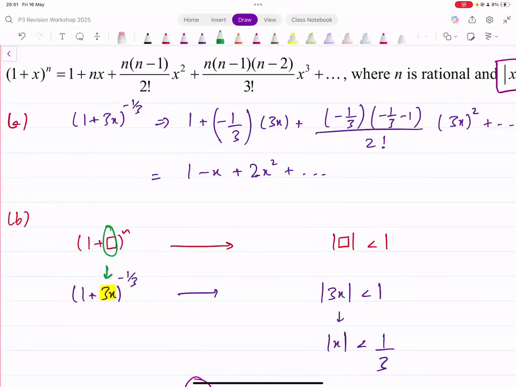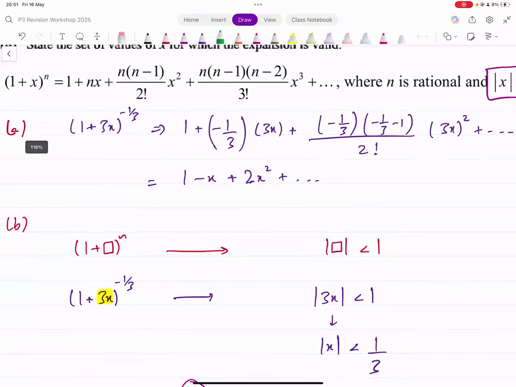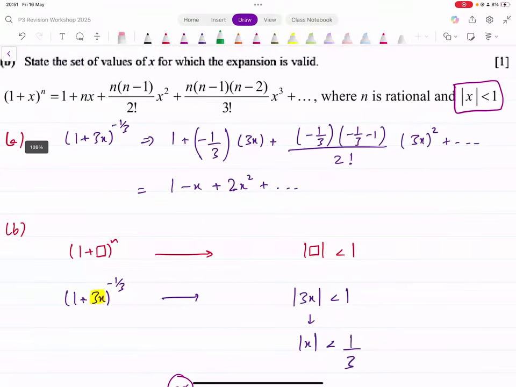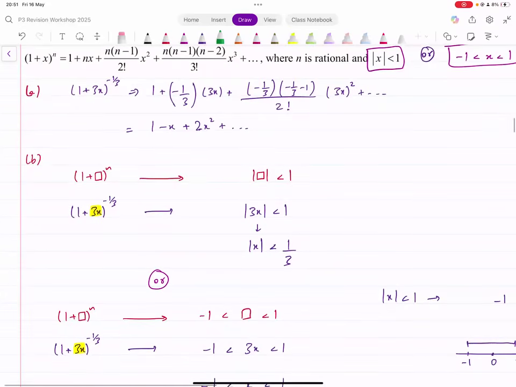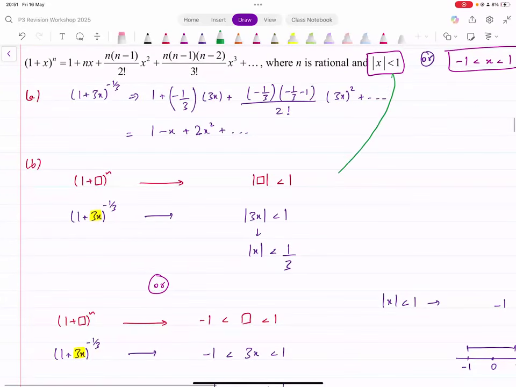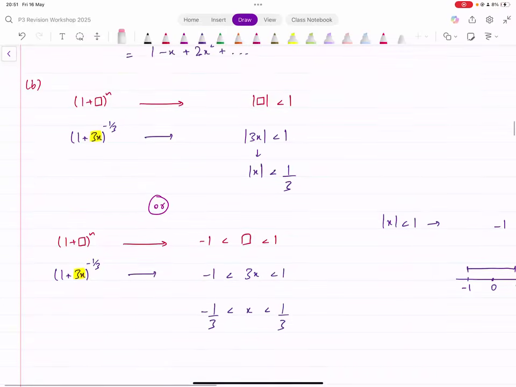We've got 3x. So 3x should be between minus 1 and 1. So you can do it both ways, using modulus or without the modulus. You could say either modulus of 3x is less than 1, and that gives you modulus of x less than 1 over 3. If you get confused with the modulus function, this is an easier way of doing this.